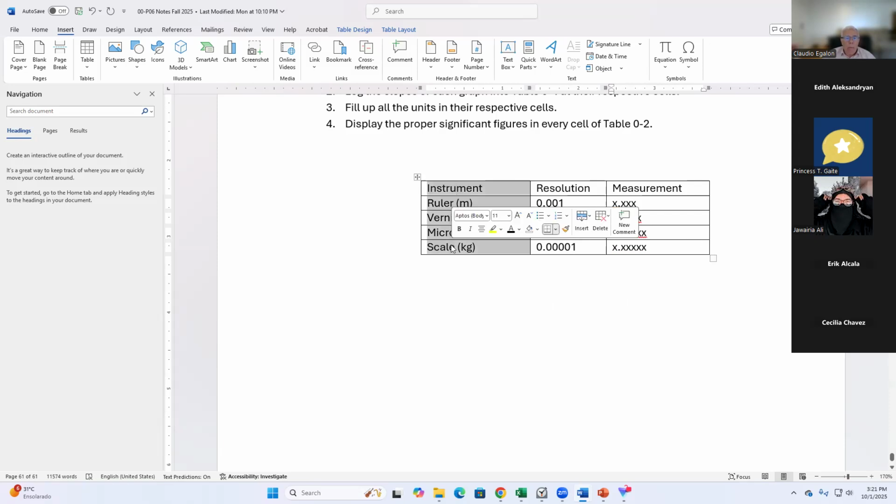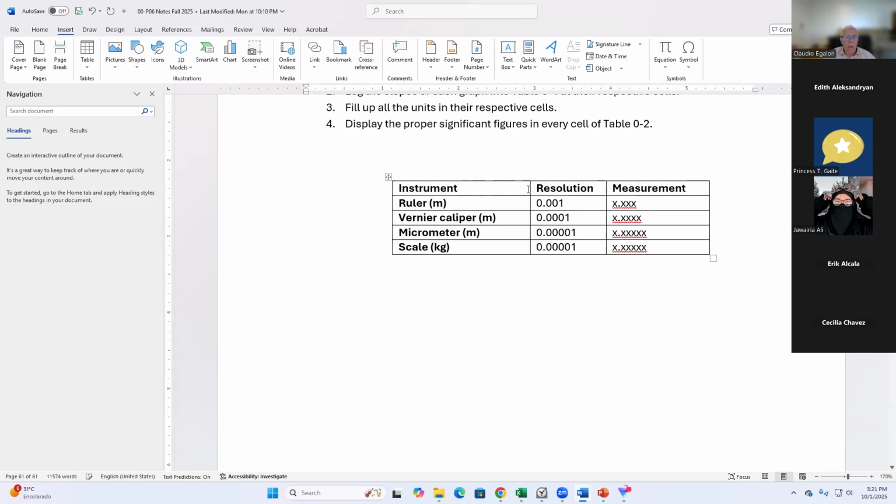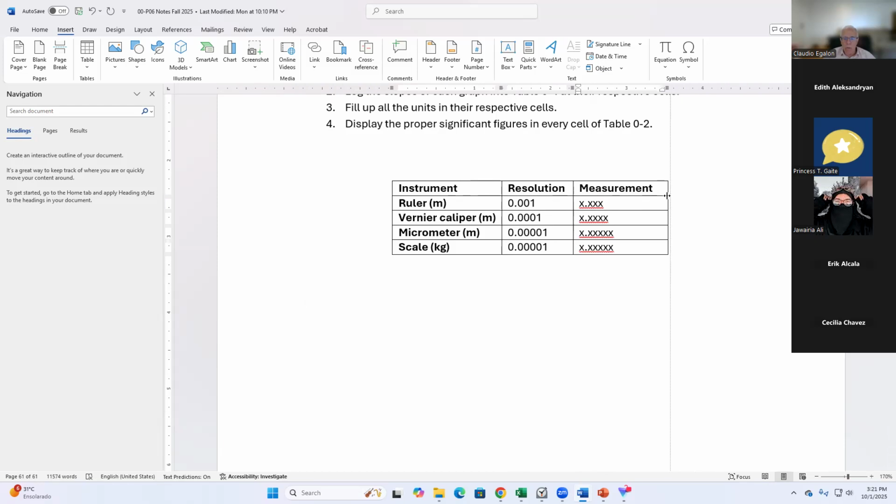And I will boldface that. So with this information, you will be able to display your measurements, not just your measurements, but also your results.